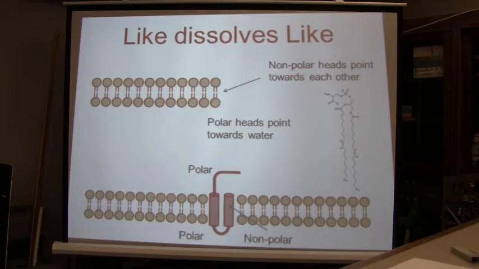And the way it protects itself is it creates this bilayer. It makes this molecule, and this molecule has this polar head group and this non-polar tail group.